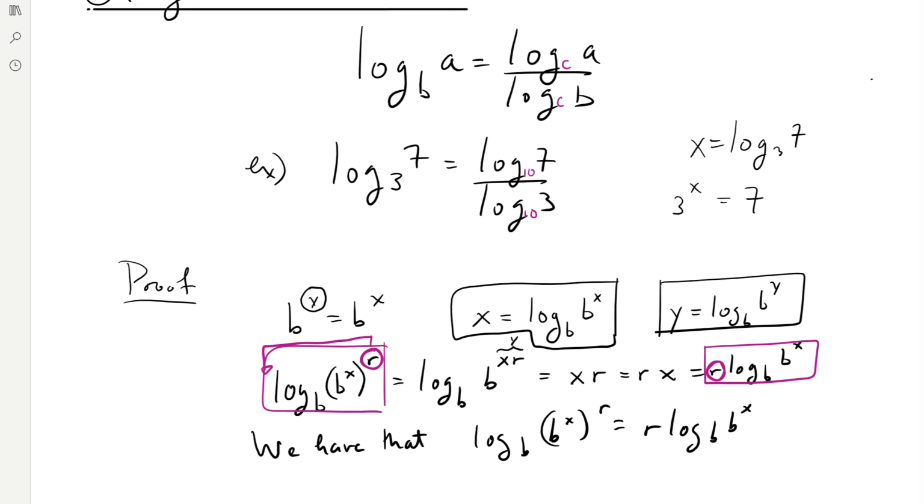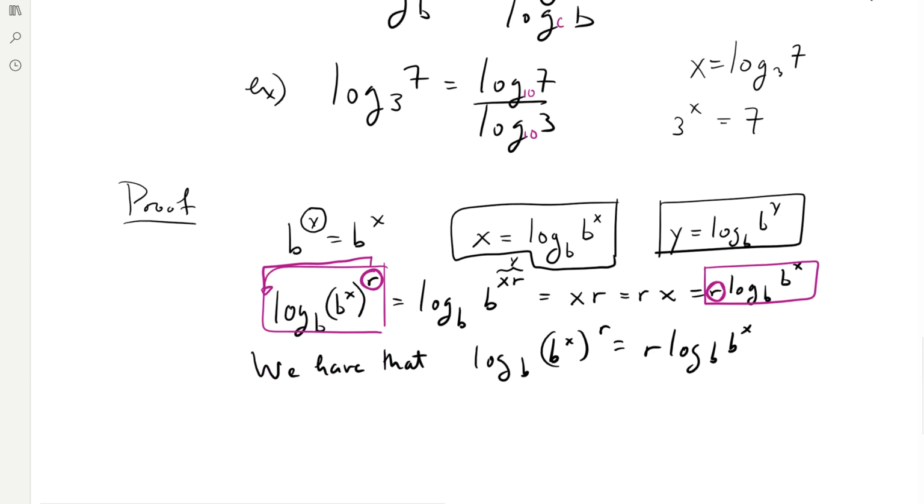Let's replace b to the x by m. Here you'll have to trust me, but if b is some positive number and I raise it to any power x, it's going to generate numbers that are positive, ranging from as close as I want to 0 to infinity.